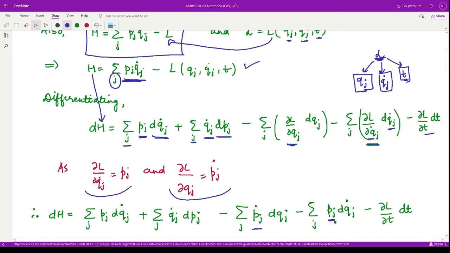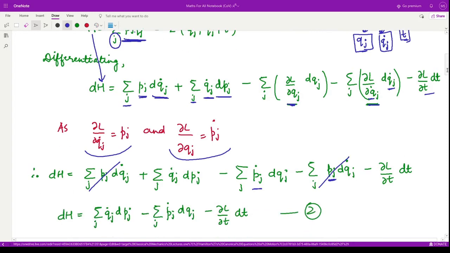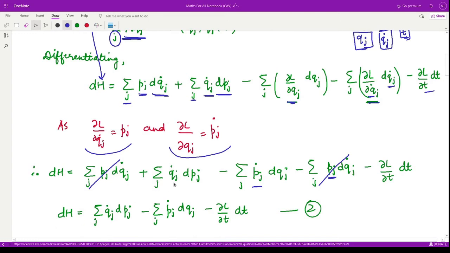Here you can see the first term and the second last term cancel with each other. So we are only left with dh is equal to summation qj dot dpj minus summation pj dot dqj, and the last term del L by del t into dt. Now this is our equation number 2.